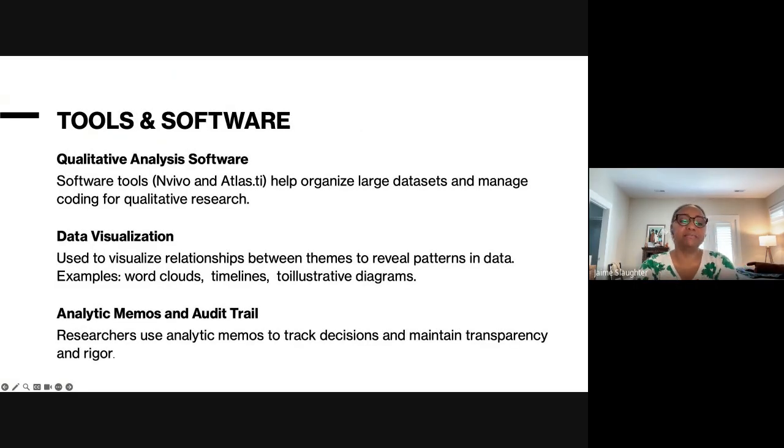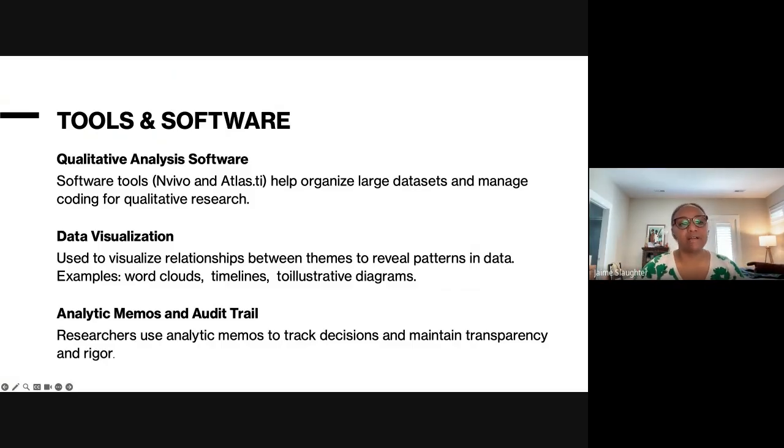There are several different types of tools and software that you can use in qualitative research. It depends on how large your data set is and the number of codes that you need to manage.